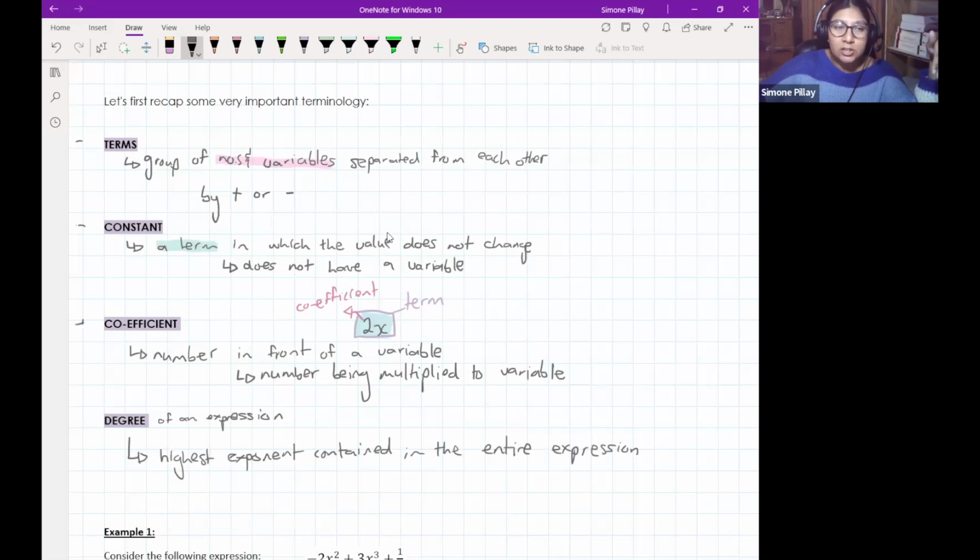A coefficient is within a term that has numbers and variables. We're looking for just that number that's being multiplied to the term. And then we're looking for the degree of the expression, where we'll look at the entire expression. So all of the terms in one expression, and from all the terms, what is the highest exponent? So I hope that we're all good and happy with these definitions and what we mean when we talk about this terminology.